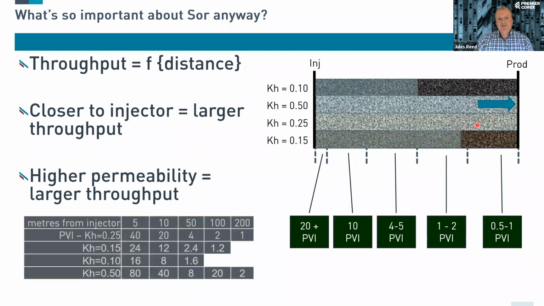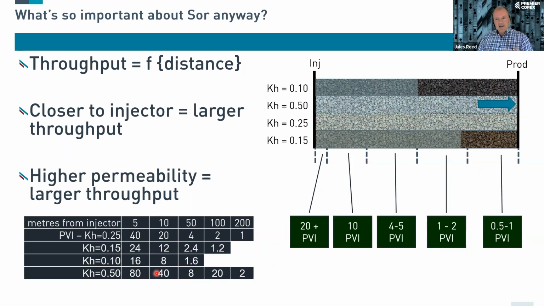So now we have a situation where the second most permeable layer has achieved one pore volume, at least at the outlet, but this top layer has now seen 2 pore volumes of injection at the outlet, and so on. And at around 5 meters in, it's actually seen 80 pore volumes of injection.